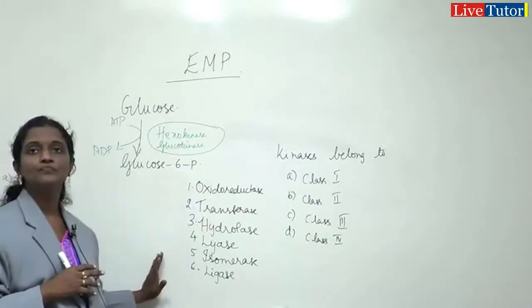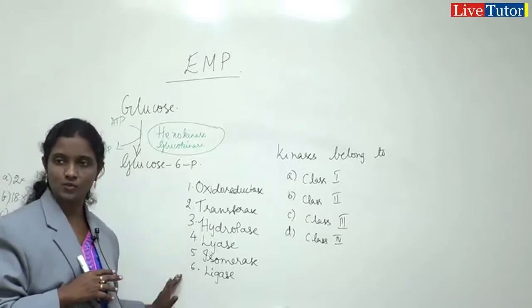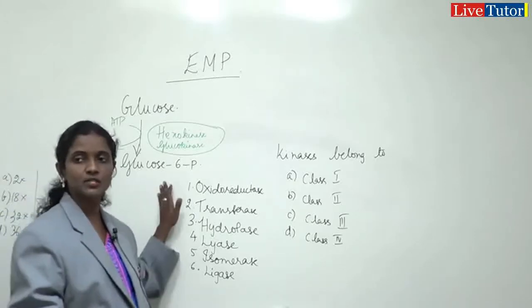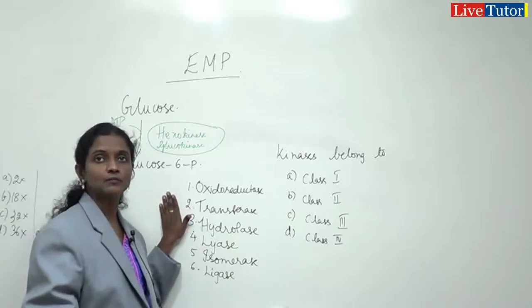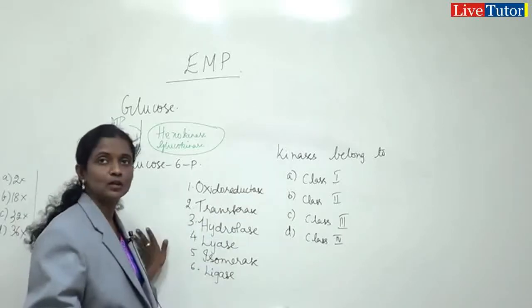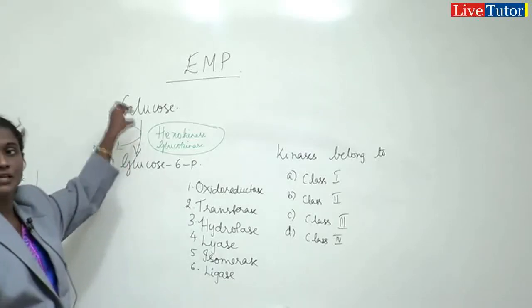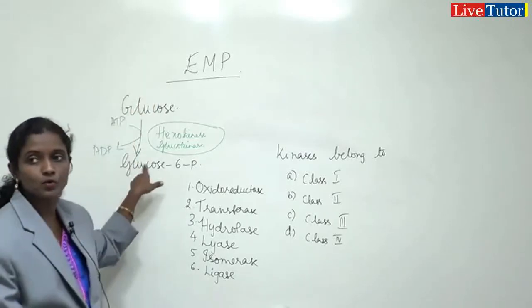So this is the order, and we said that we should not change the order, because the International Union of Biochemistry standardizes the enzyme nomenclature. So which class do kinases belong to? They transfer the phosphorus group present in ATP and donate it to glucose to become glucose 6-phosphate.